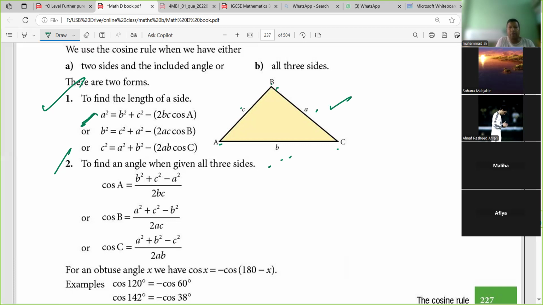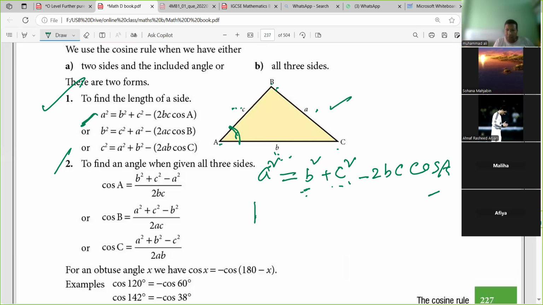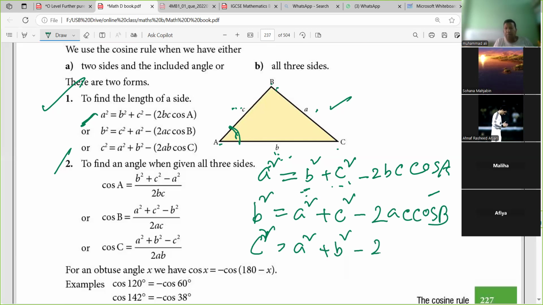If I want to find side A, A squared equals B squared plus C squared minus 2BC cos A. You can use this formula if you know the two sides, B side and C side, and between them you have angle A. If you want to find side B, B squared equals A squared plus C squared minus 2AC cos B. If you want to find side C, C squared equals A squared plus B squared minus 2AB cos C.